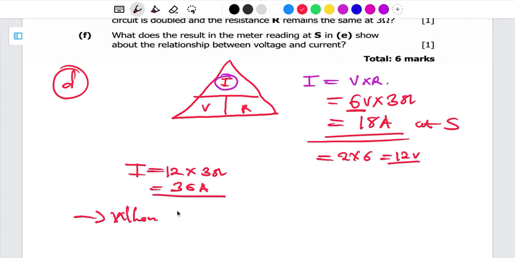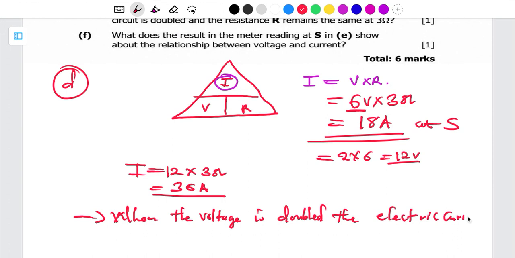When the voltage is doubled, the electric current is also doubled. So meaning they are directly proportional to each other. When one increases, the other one is also going to increase.